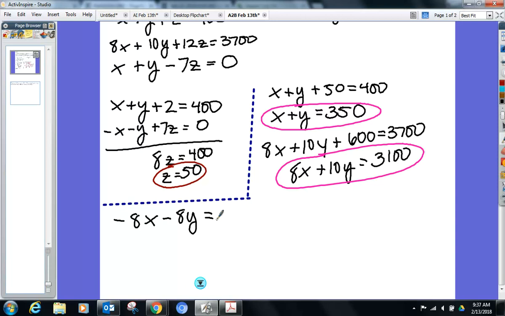Negative 2,800. Put the other equation right below, 8x plus 10y equals 3,100. Go ahead, guys, go to town now.